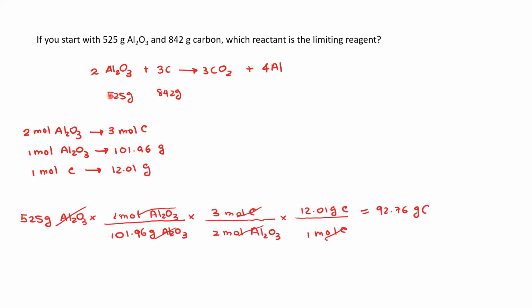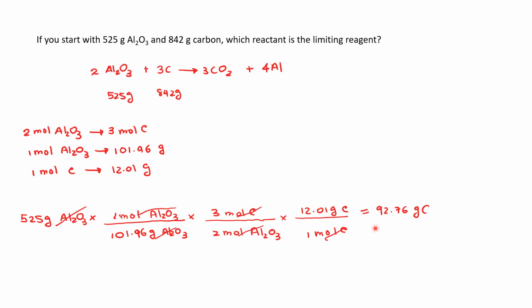So we pick aluminum oxide and we start with 525 grams. We are going to convert this to number of moles using the molar mass of aluminum oxide and then we are going to find out how many moles of carbon we need by using the stoichiometric relationship. 2 moles of aluminum oxide needs 3 moles of carbon. You see all the units cancel out and we are going to end up with number of moles of carbon and we are going to convert it to grams using the molar mass.